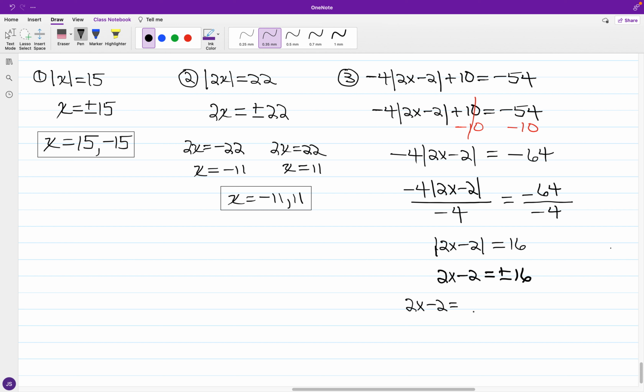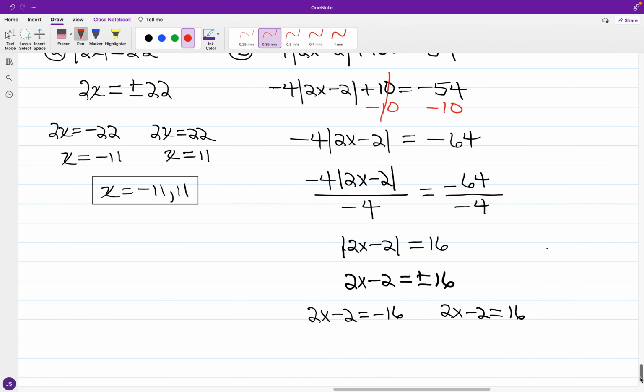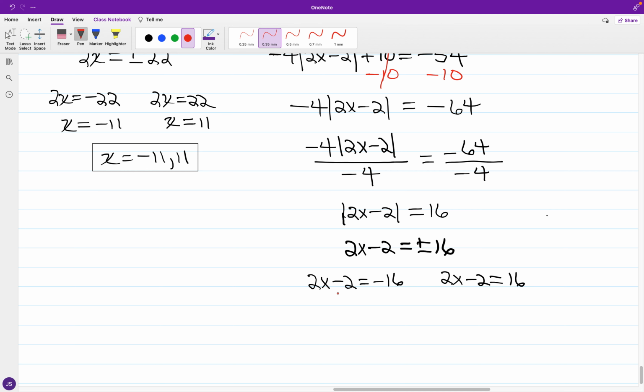Setting up these equations: 2x minus 2 is equal to negative 16, as well as equal to positive 16. If I add 2 to both sides in both equations.